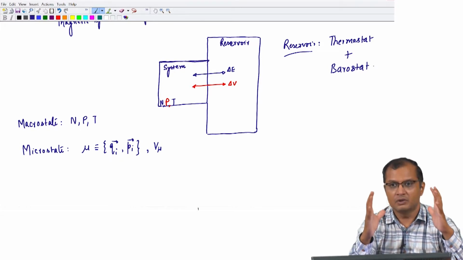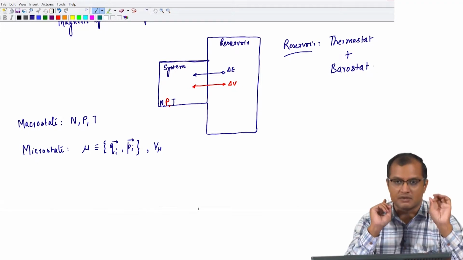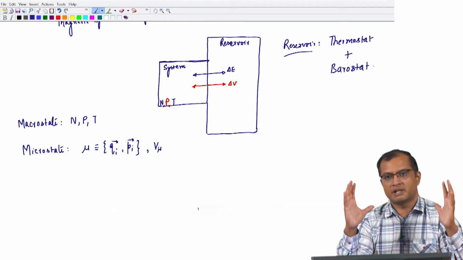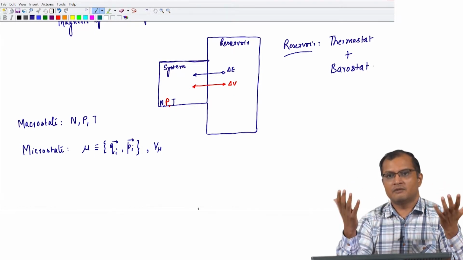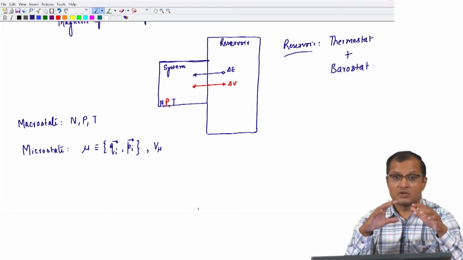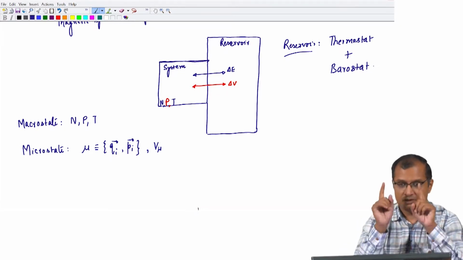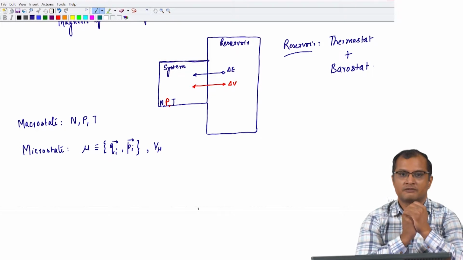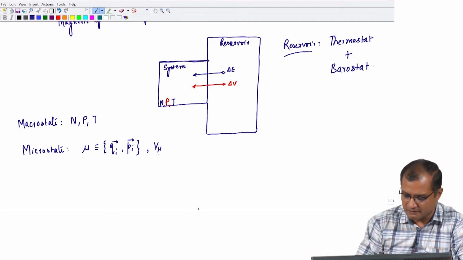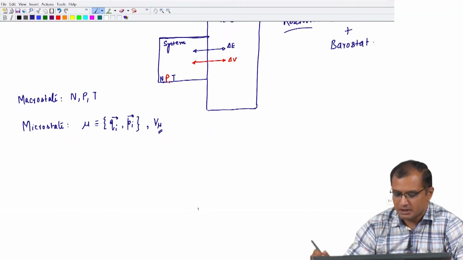So, in the given volume, all possible momentum and positions constitute one microstate, which is already a large number. Then when the volume fluctuates and becomes a new volume, you have to again allow for all the particle degrees of freedom to change, and those are the microstates in that volume. So, a microstate is jointly specified for a given volume and the set of values of Q and P. Okay. So, you have one additional degree of freedom, which is the volume of the microstate, and that is a very important thing to be remembered here.